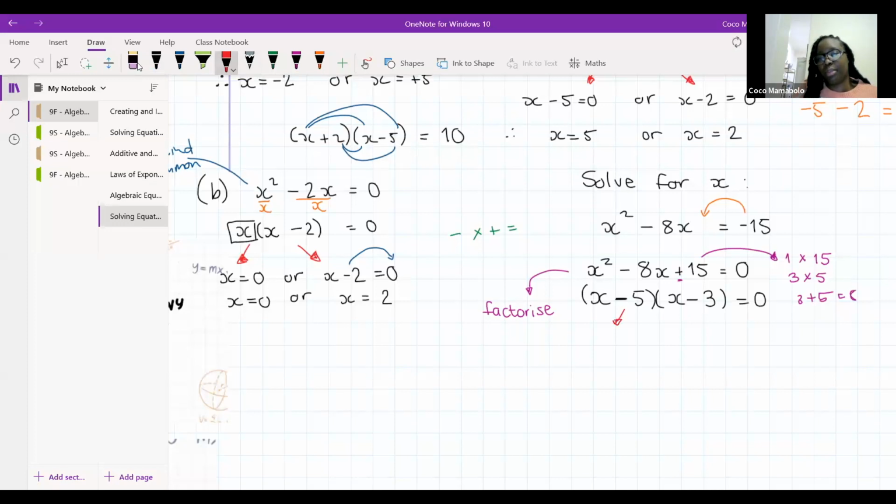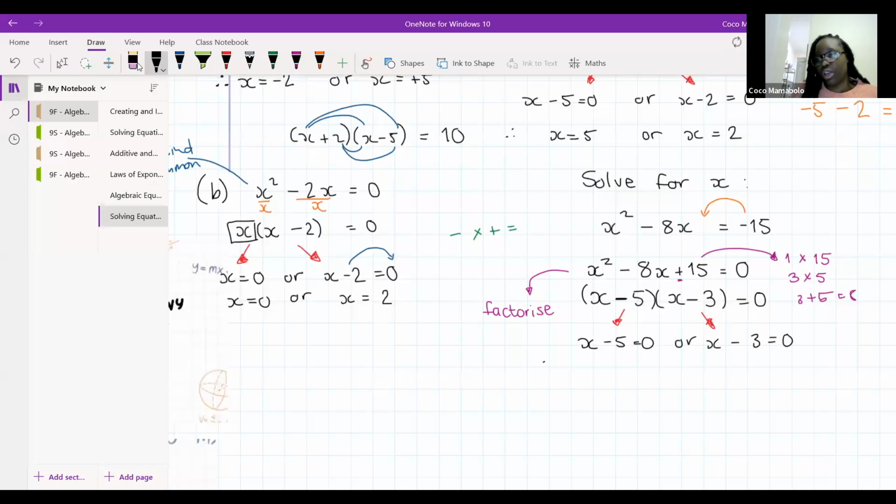Okay, finish up for me. What can we do next step? The next step is to separate them. So it's now going to be x minus 5, x minus 3. But you can't skip this next step. You need to split it. x minus 5 equals 0, or x minus 3 equals 0.